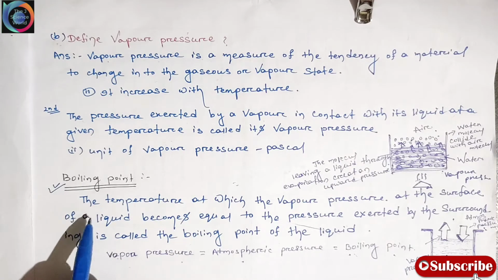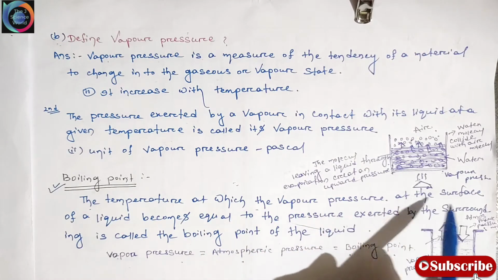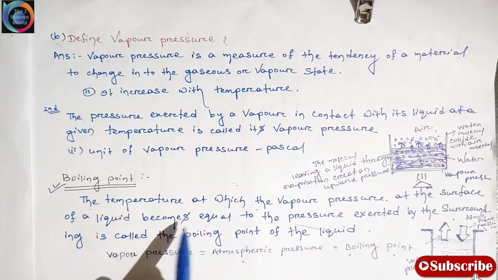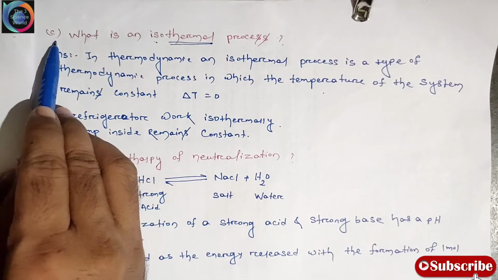So our definition: the temperature at which the vapor pressure at the surface of a liquid becomes equal to the pressure exerted by the surroundings is called the boiling point of a liquid.